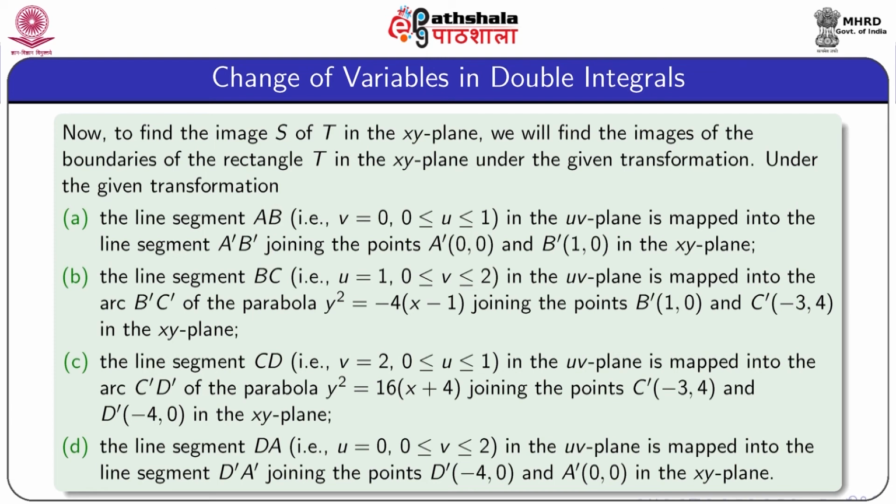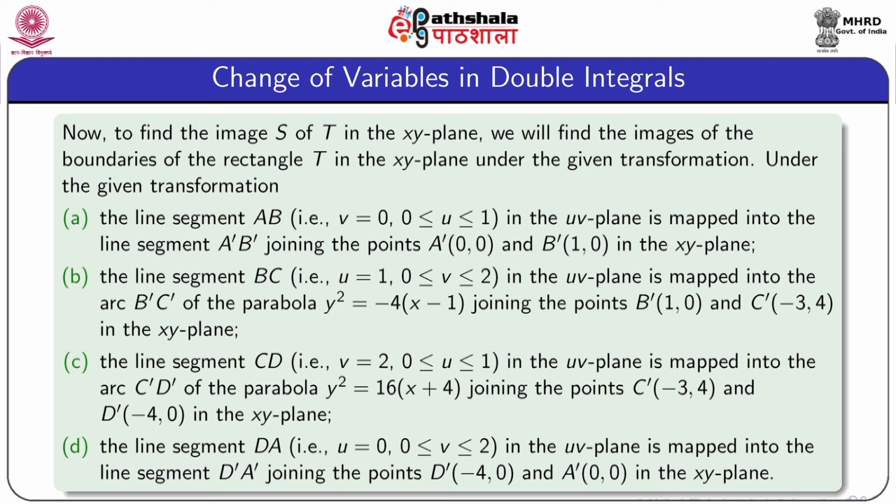in the xy plane. Thirdly, the line segment CD, that is v equal to 2 and u belongs to [0, 1] in the uv plane, is mapped into the arc C'D' of the parabola y square equal to 16 times (x plus 4) joining the points C'(-3, 4) and D'(-4, 0) in the xy plane.